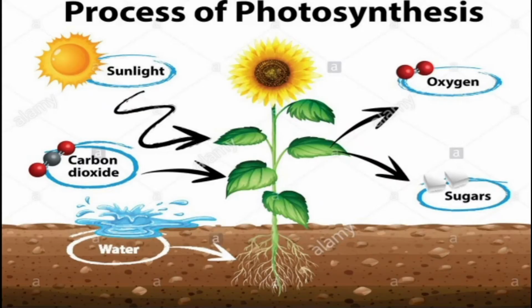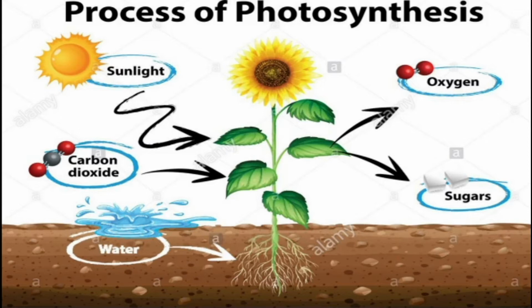The next one, let us see the process of photosynthesis. Sunlight is present, carbon dioxide is present, the green pigment chlorophyll is also present, and finally water. All of them come together. Every single plant uses carbon dioxide, traps sunlight with the help of chlorophyll inside the leaf, and absorbs water through the root. All of these go to the plant leaf, especially the chlorophyll. The chlorophyll then prepares the plant's own food.